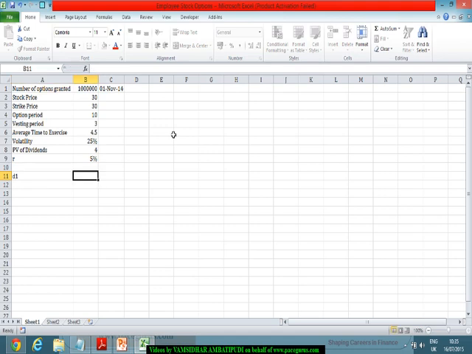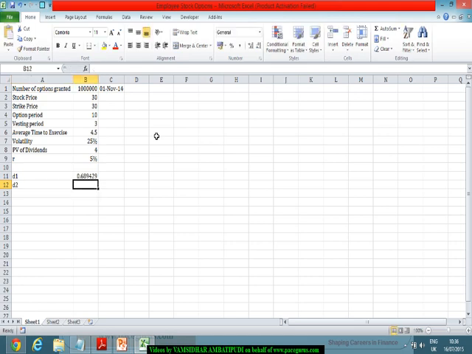Now I'll take D1. D1 comes out as log of S by X plus R plus sigma squared by 2 multiplied by T, where I'll take T as 4.5 years, divided by sigma into square root of T. So the T that is going in is the average time to exercise this option.